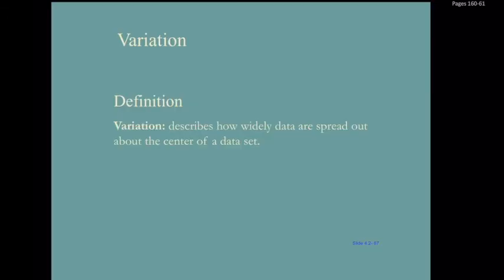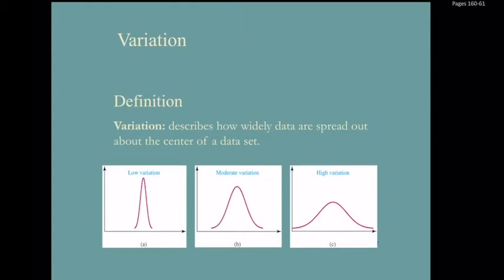Variation describes how widely data in a set are spread around the center. So this one has low variation, right? It's got a smaller range. Range is another measure of variation. This one has moderate variation, and this one has high variation, right? There's a wide spread in those data values.